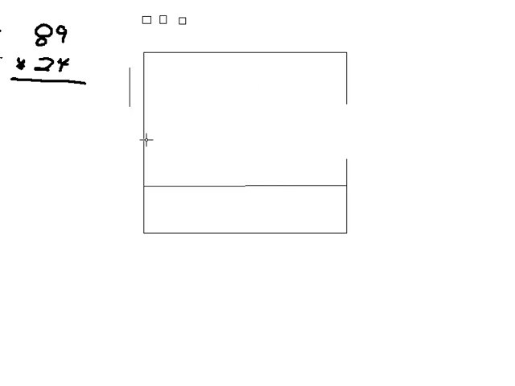I'm going to say this is a rectangle. And it's going to be 89 on one side. And this is going to be 20 blocks long on this side here. And this is 4 blocks.